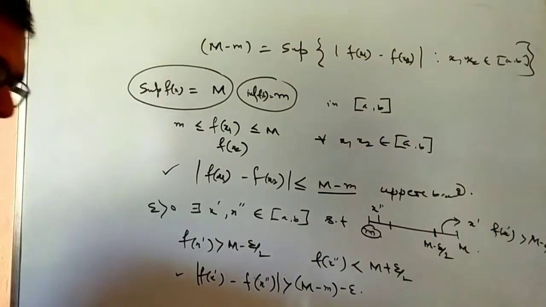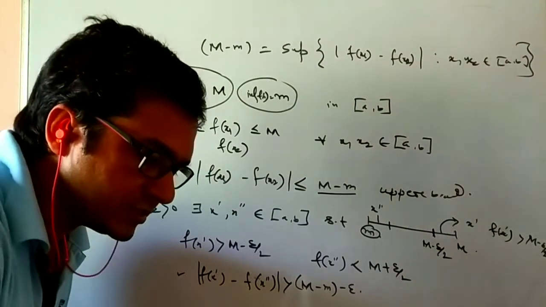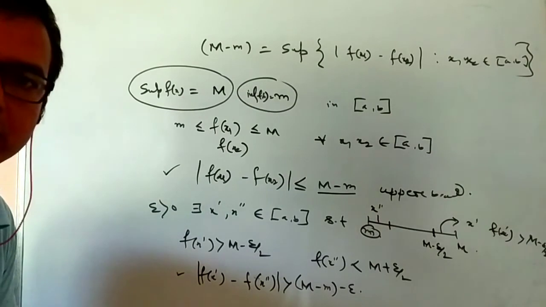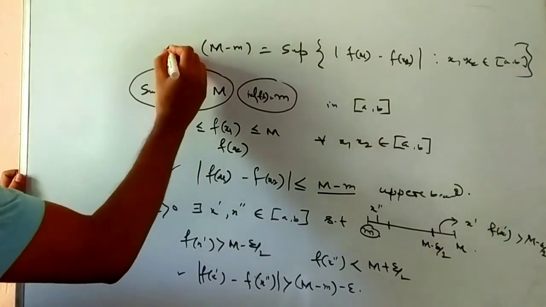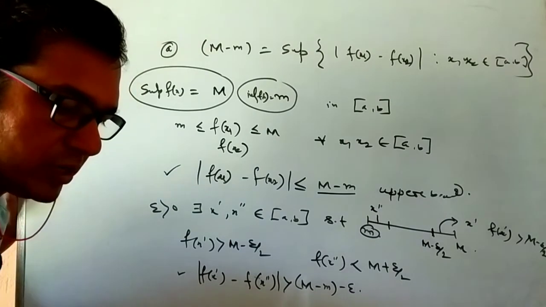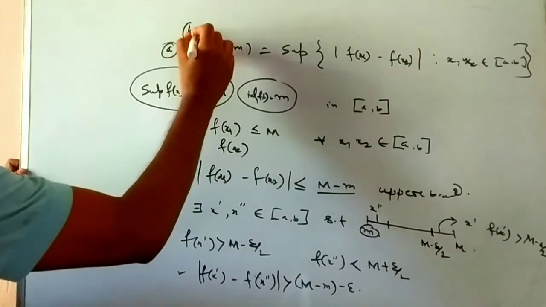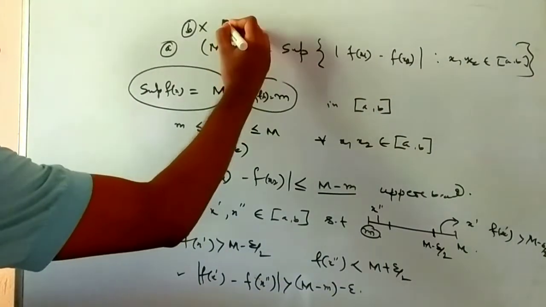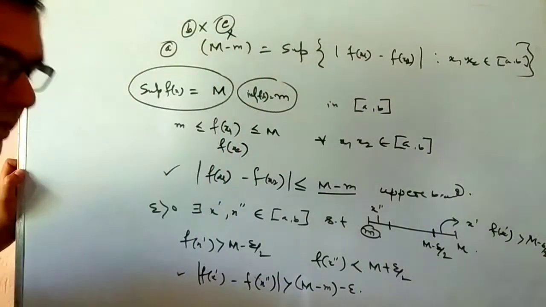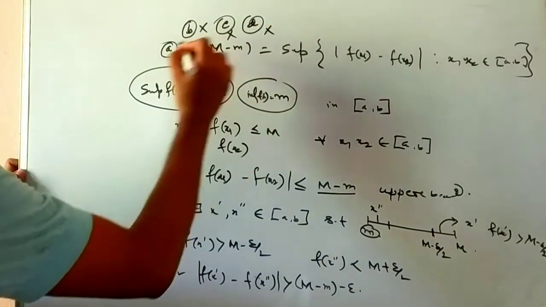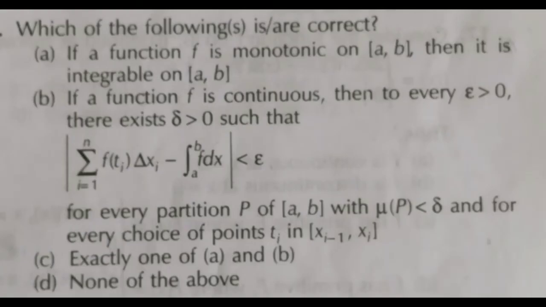Correct? And this is option A. Option B, the infimum, is wrong. Both A and B are also not correct, and neither A nor B is also not correct. So option A is the only one.